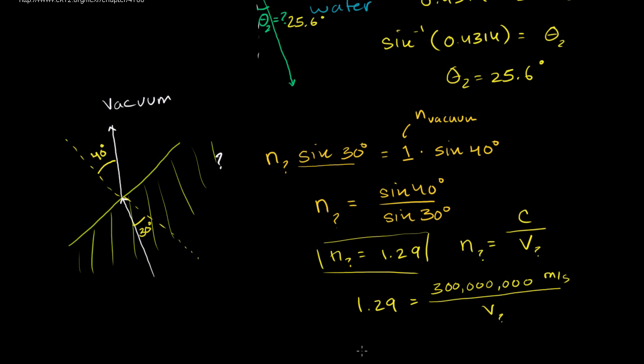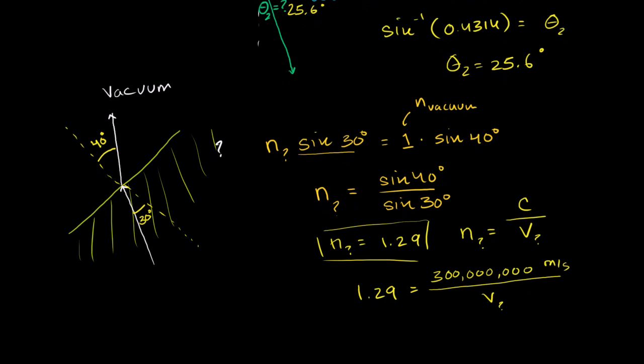I'll put a question mark. And so we can multiply both sides times our unknown velocity. I'm running out of space over here. I have other stuff written over here. So I multiply both sides by this v, and I'll get 1.29 times v with a question mark is going to be equal to 300 million meters per second.